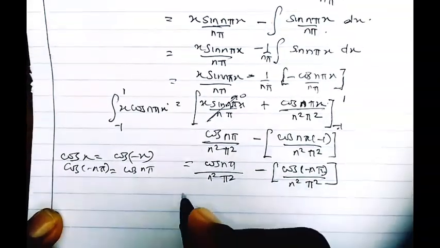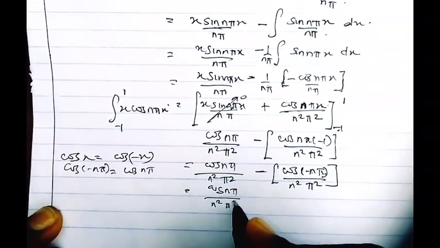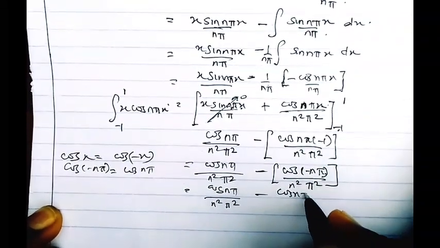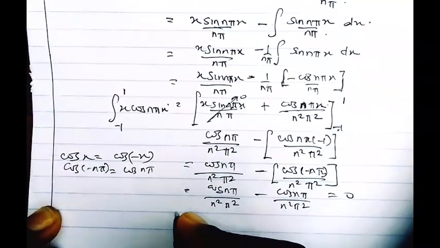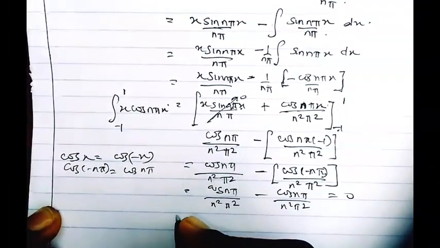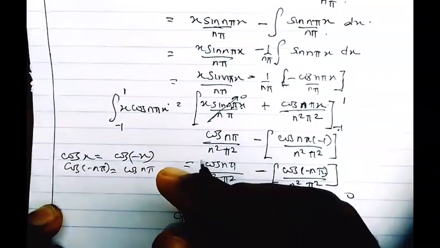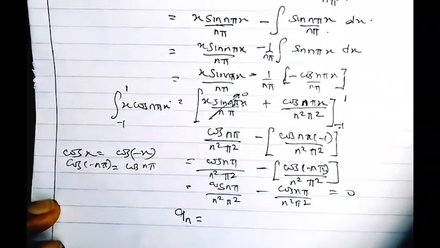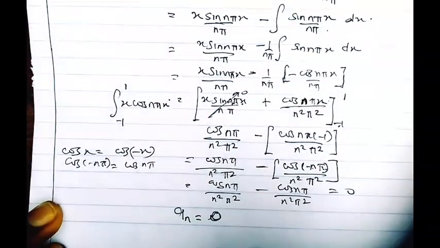Replacing this with this, we have cos n pi over n square pi square minus cos n pi over n square pi square. So this gives me 0. We can conclude, remember, all this was from a n, that my a subscript n is equal to 0.